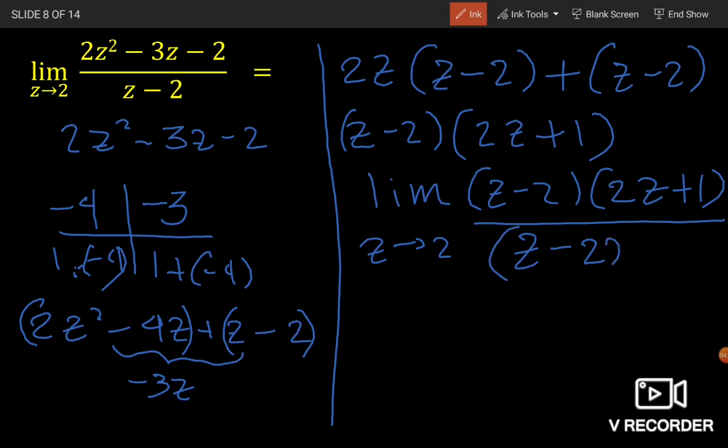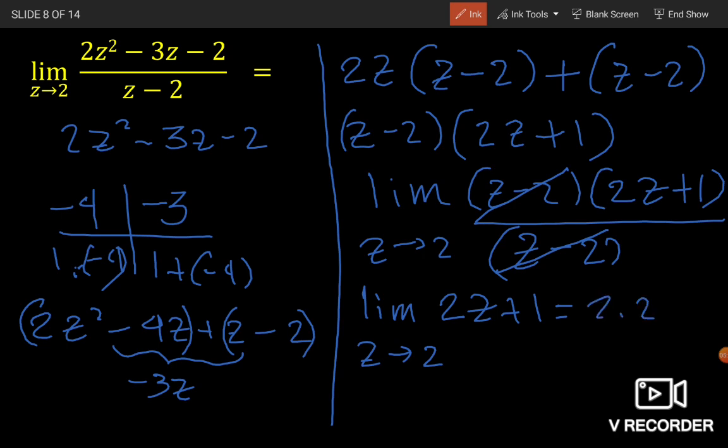Notice here that z minus 2 can be cancelled, and you're now left with the limit of 2z plus 1 as z approaches 2. If we substitute z equal to 2, this is 2 times 2 plus 1, which is 4 plus 1, equal to 5. So our final answer will be 5.